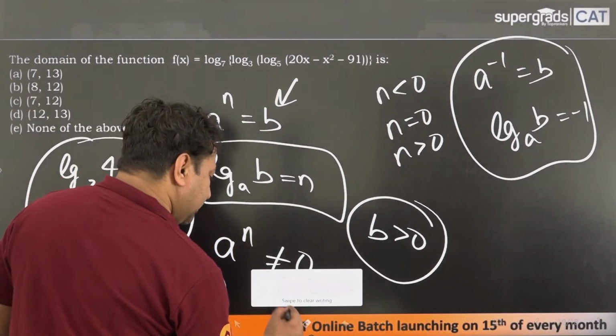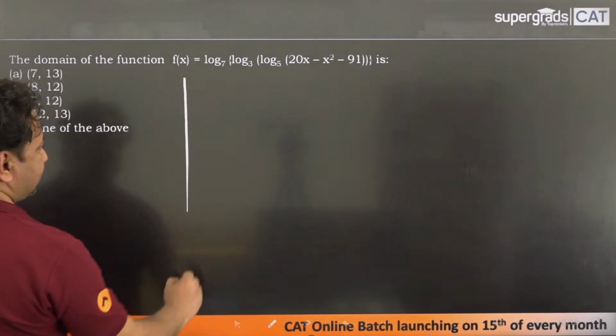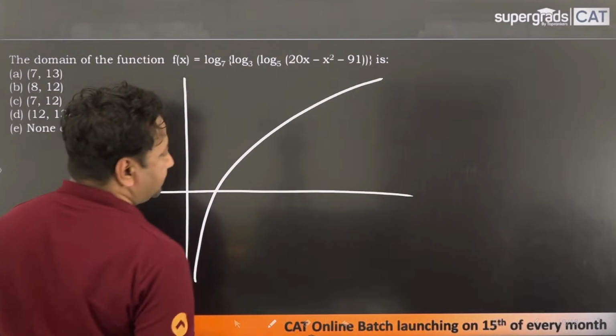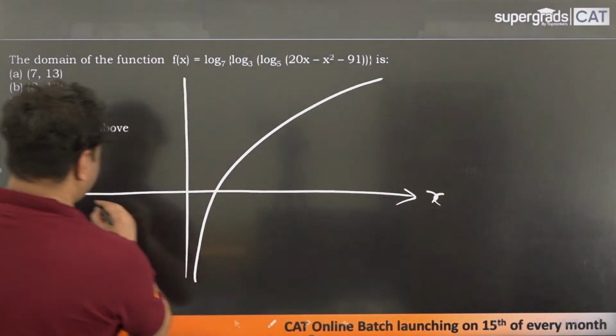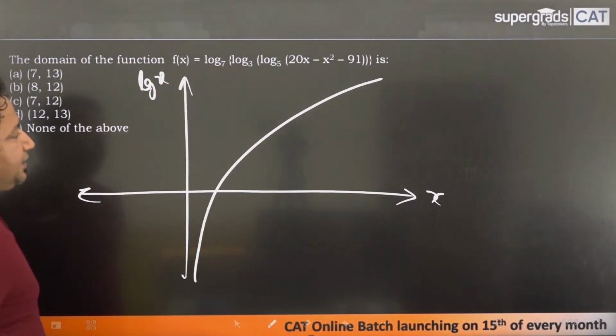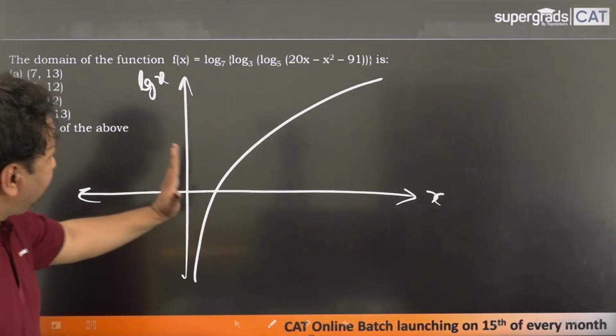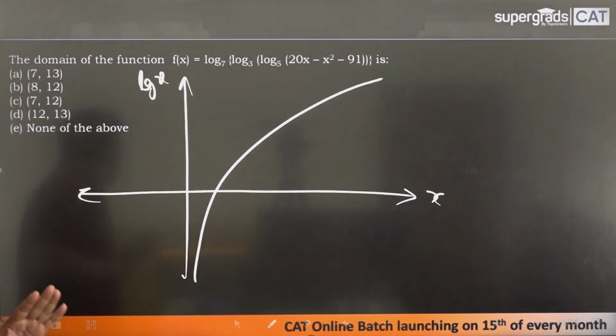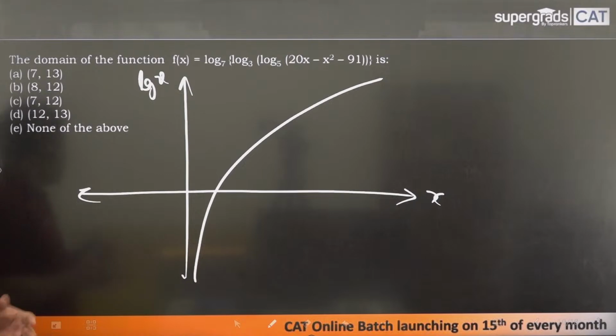I'll also draw a graph. This is how the graph of log looks like. This is x, and at y we have log x. So as you can see कि ये ग्राफ नेगेटिव साइड तो आ ही नहीं रहा, नेगेटिव x पे आ ही नहीं रहा. What does that mean? That log of negative values does not exist.